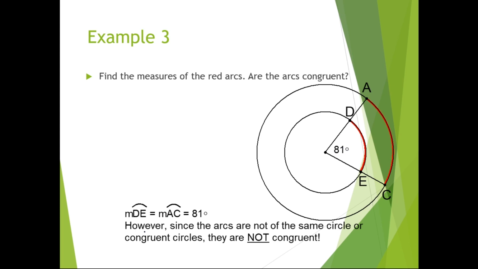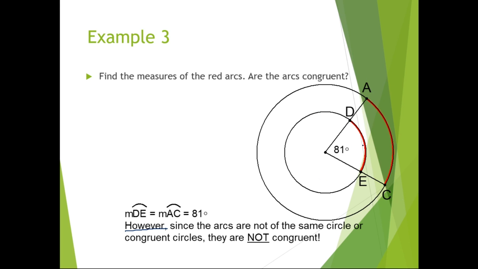But, however, since the arcs are not of the same circle or congruent circles, they are not congruent. Even though they have the same measurements, they are not congruent because they do not lie on one circle. Arc DE lies on the smaller circle, while ang arc AC lies on the bigger circle.